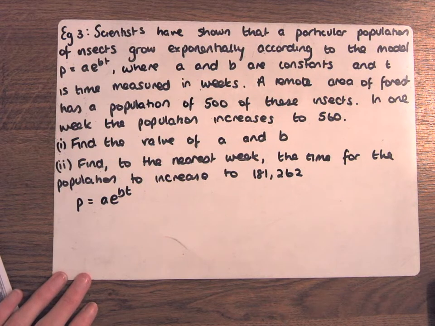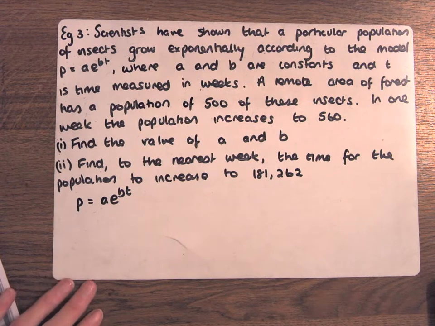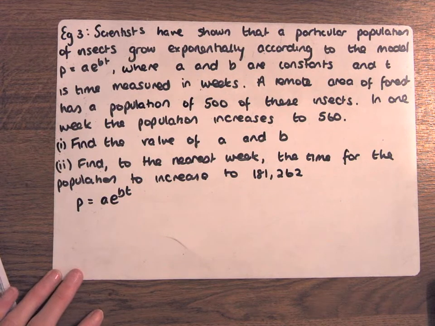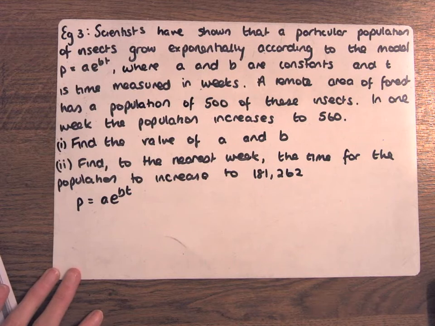What was the population of insects at the beginning? 500. How many weeks had passed when it was at 500? None. So what's your t? 0. Very good, that's really important.